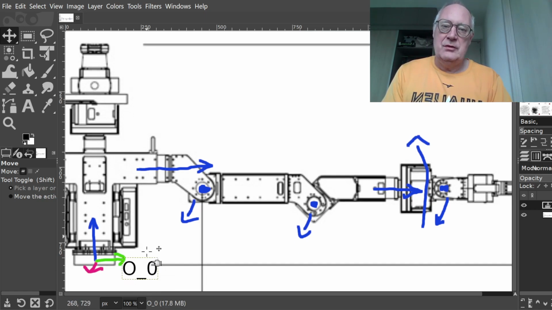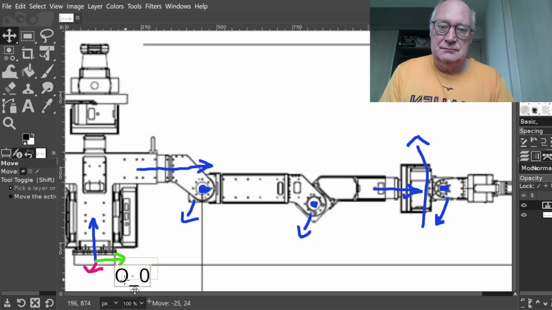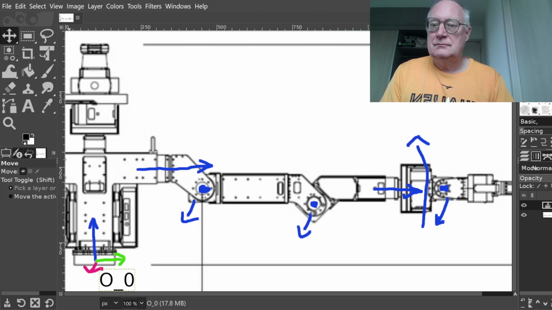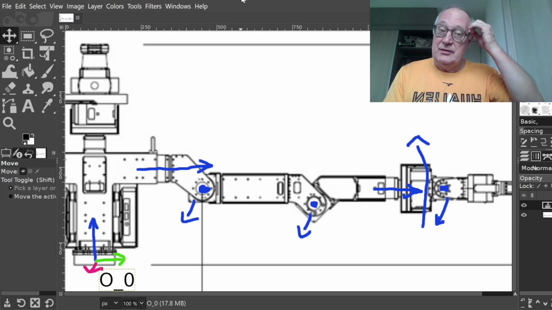Now we have O 0. Right, so then we need to go through the algorithm and assign the remaining coordinates, the remaining coordinate axis.